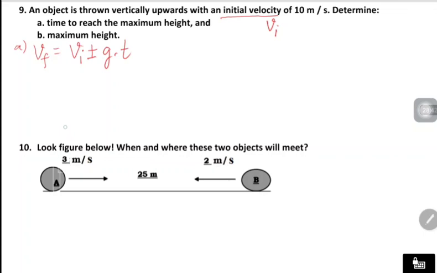Because the motion is upwards, it is in the opposite direction to gravity acceleration, so the motion is decelerated. It means the velocity decreases, so the formula is final velocity equals initial velocity minus gt.